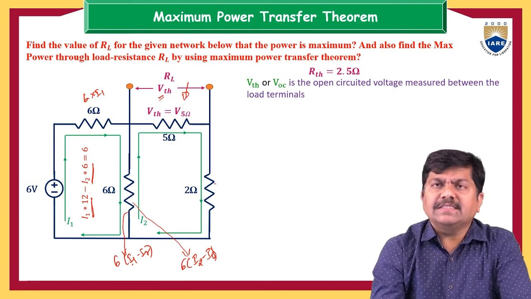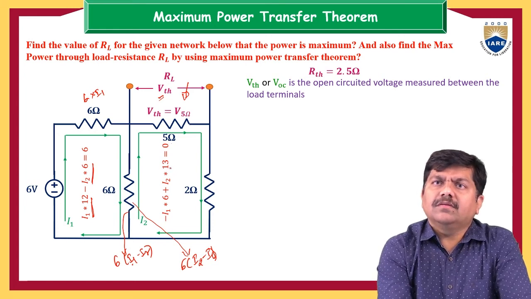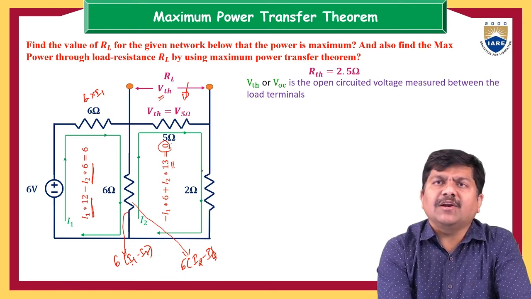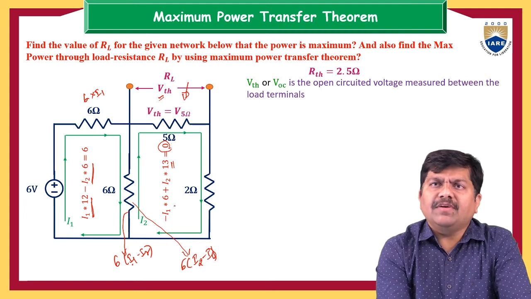If you simplify this, you get minus 6 times I1 plus 13 I2 is equal to 0, because there is no active voltage source connected in the second loop. So this directly becomes 0. So minus 6 I1 plus 13 I2 is equal to 0.